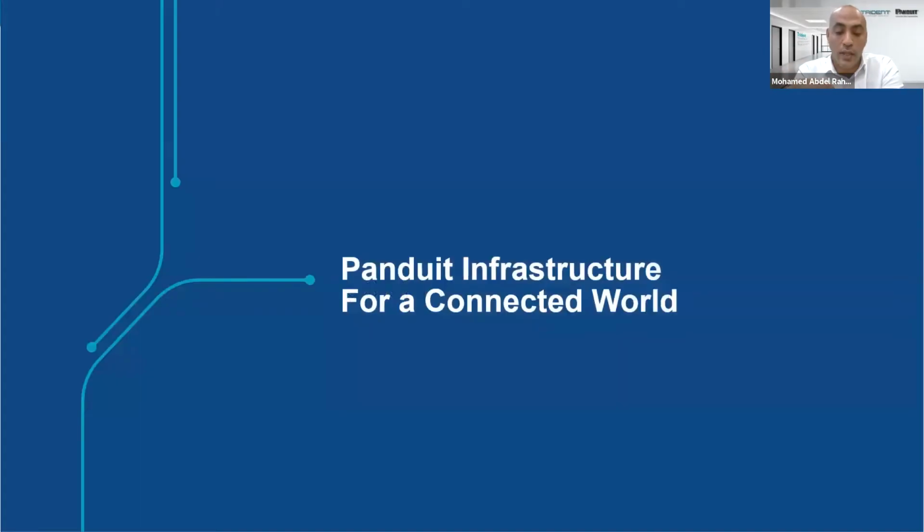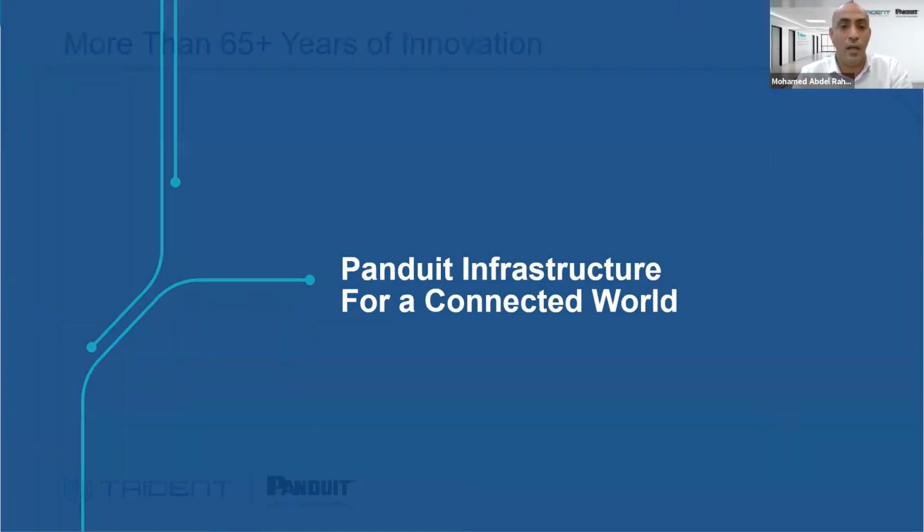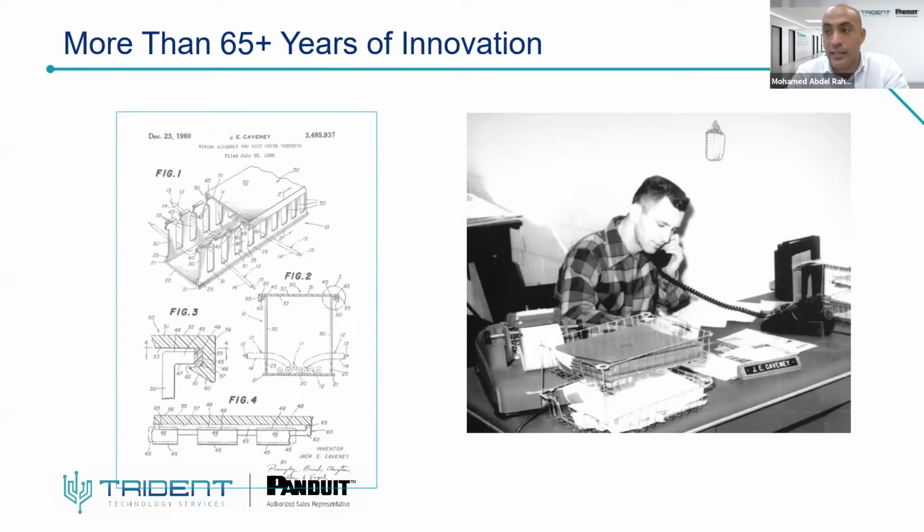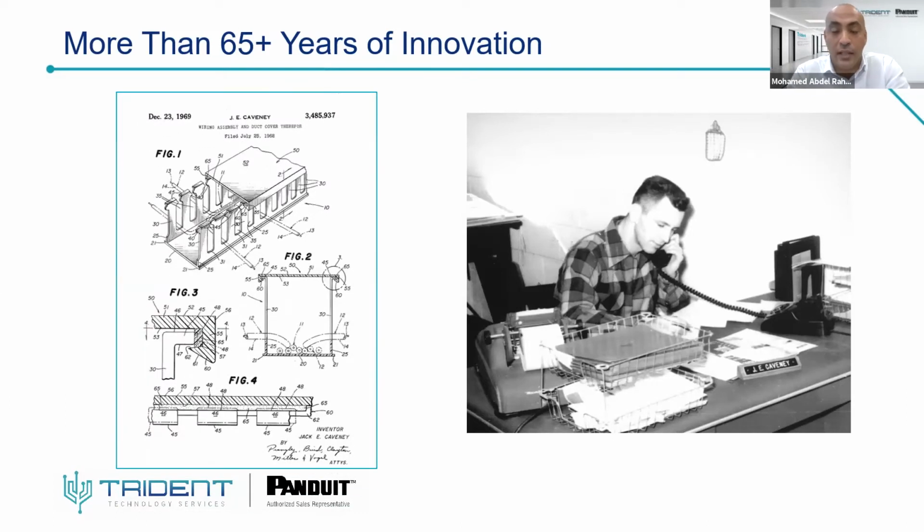So let's start with Panduit infrastructure for the connected world, in brief, for 3 minutes, to talk about what Panduit can offer. For more than 65 years of innovation: in 1955, Panduit founder Jack Caveney invented the wiring duct that you can see here, in his garage.